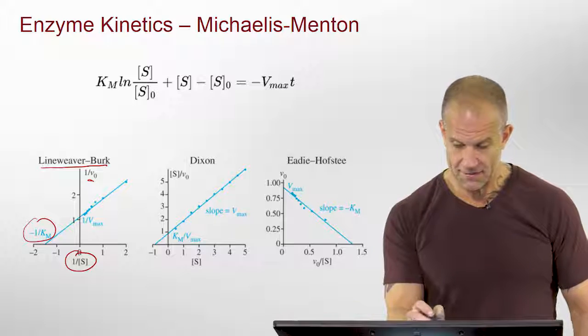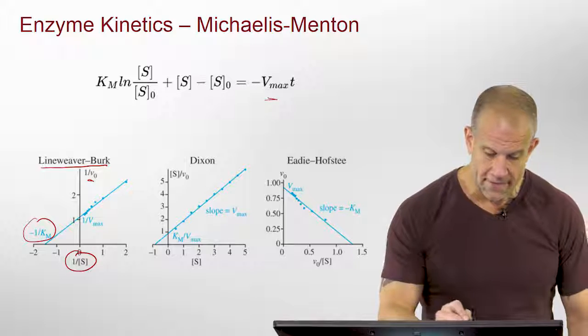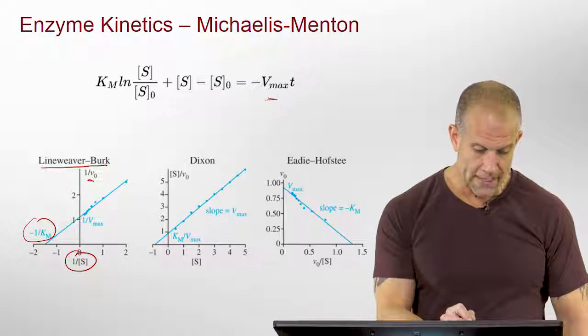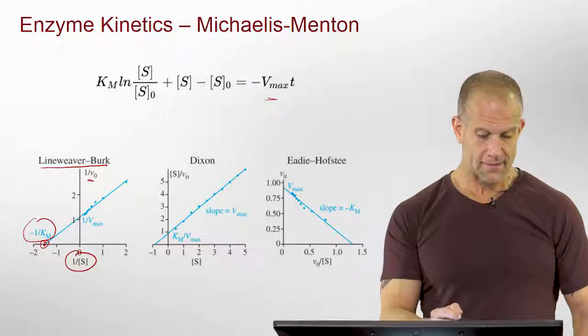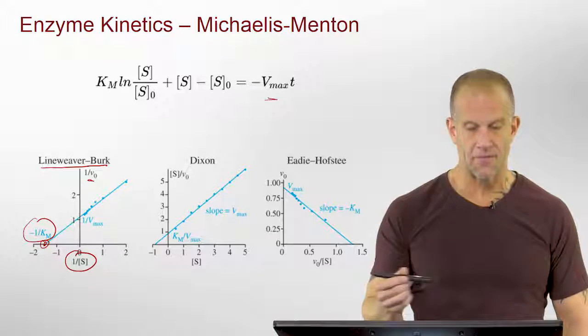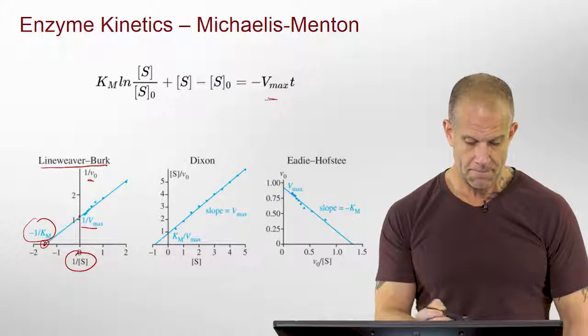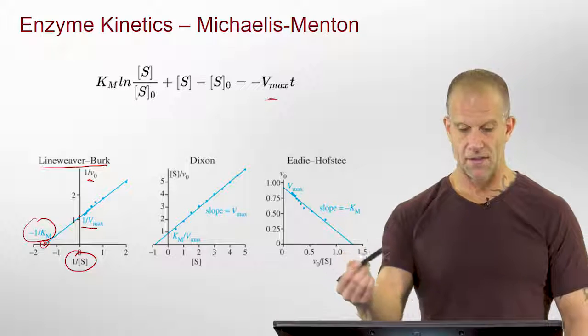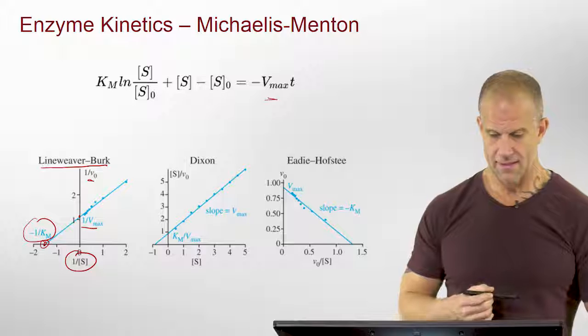Then we fit that to a line, where the x-axis crossing is related to the negative inverse of the Michaelis-Menten constant, and the intercept is related to the maximum velocity it would have at its highest concentration.